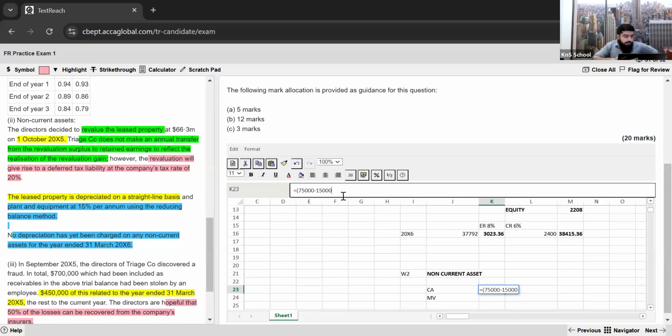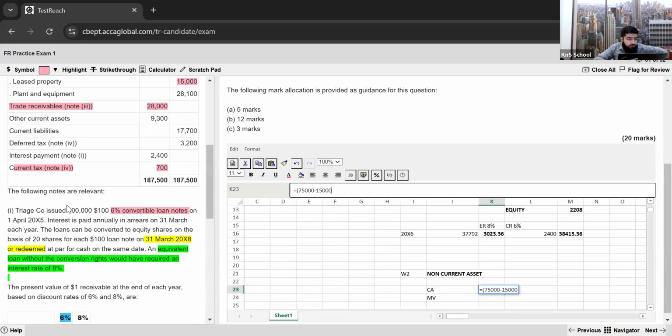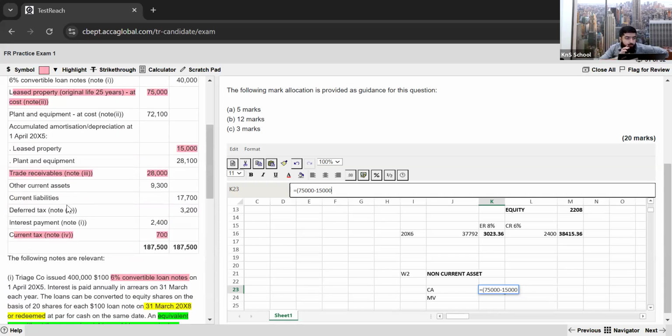Yes, please try it. Let me show you the data. Lease property, the total cost is 75,000. The life is 25 years. Can any one of you please calculate the depreciation for these 6 months?